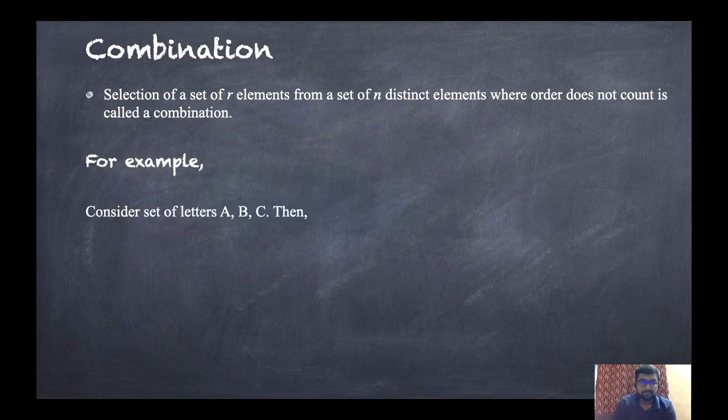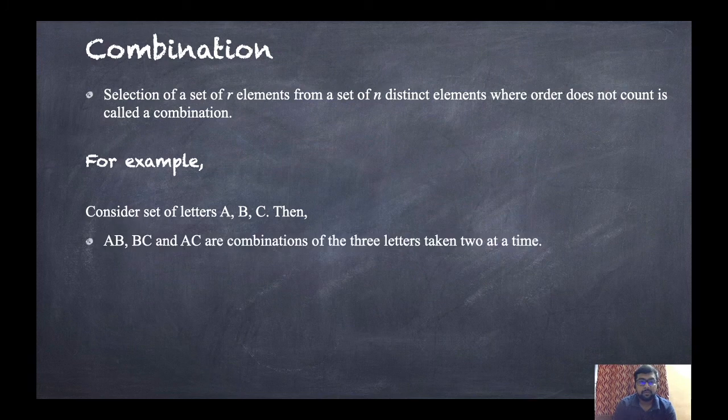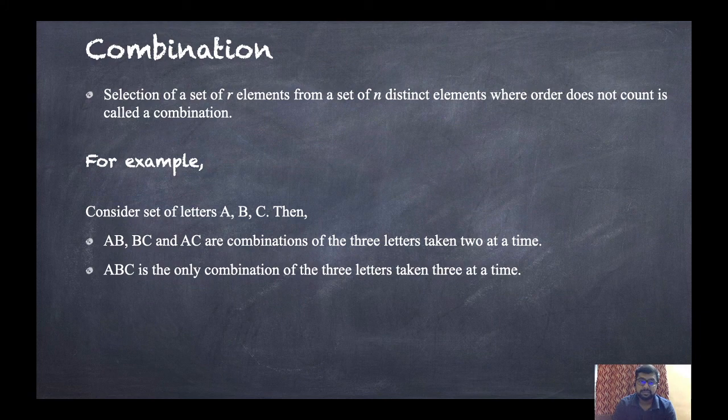For example, consider the set of letters A, B, C. Then what will be the combinations? AB, BC, and AC are combinations of three letters taken two at a time. ABC is the only combination of three letters taken three at a time.